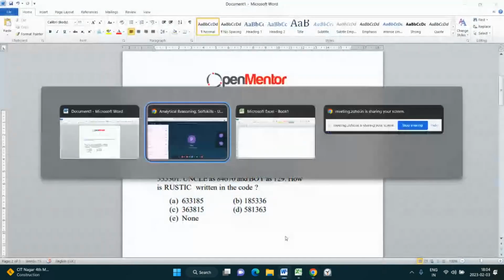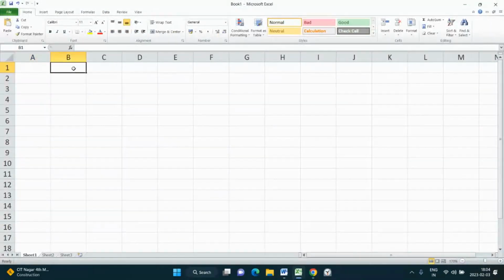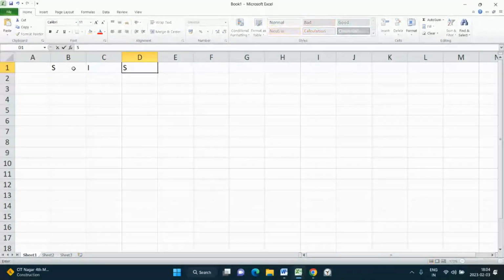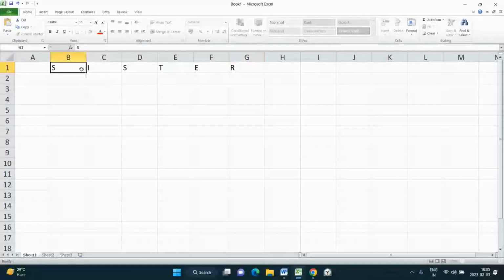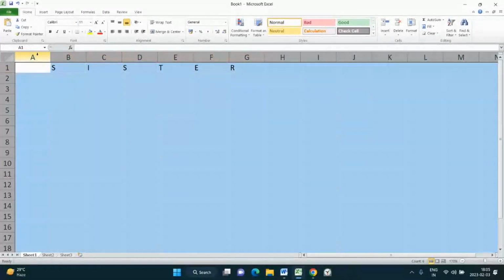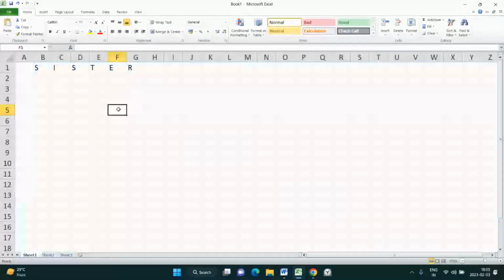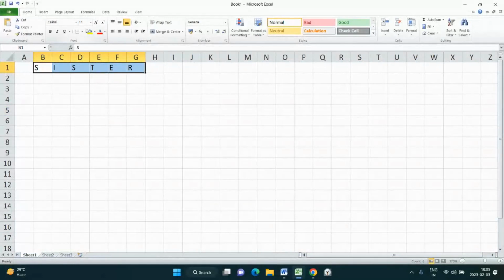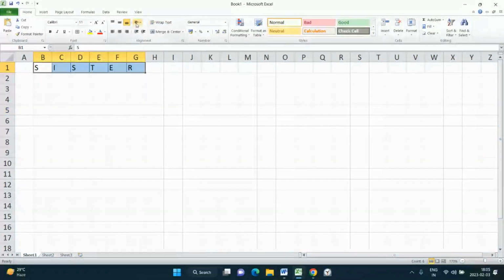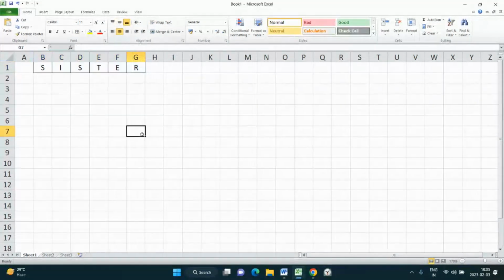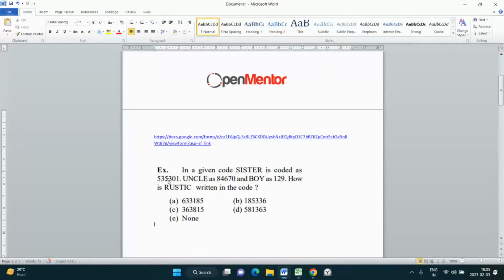So, I am going to see what is meant by this coding of sister: S, I, S, T, E, R. This sister has been coded as 535301.